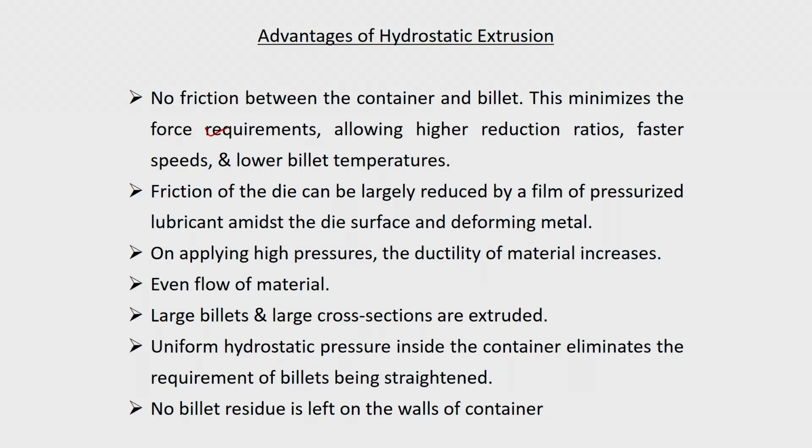Friction of the die can be largely reduced by a film of pressurized lubricant amidst the die surface and deforming metal. On applying the high pressure, the ductility of the material increases and even flow of the material takes place, and large billets and large cross sections can be extruded. That is another advantage with this. You see, the limitation is what is the size of your pressure cylinder. So, that way you can have it.